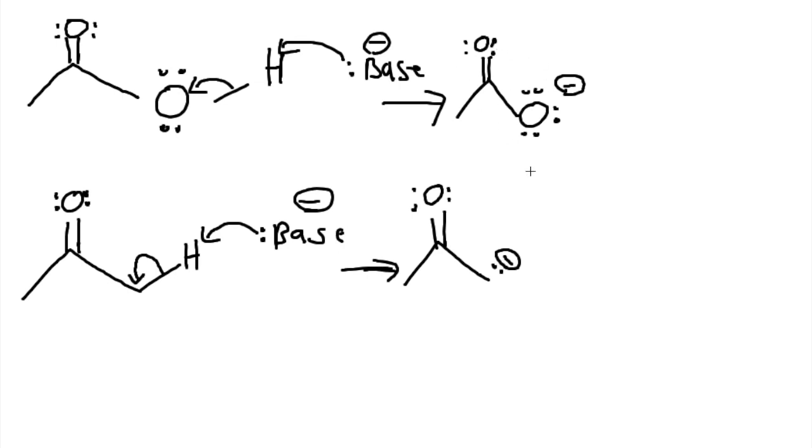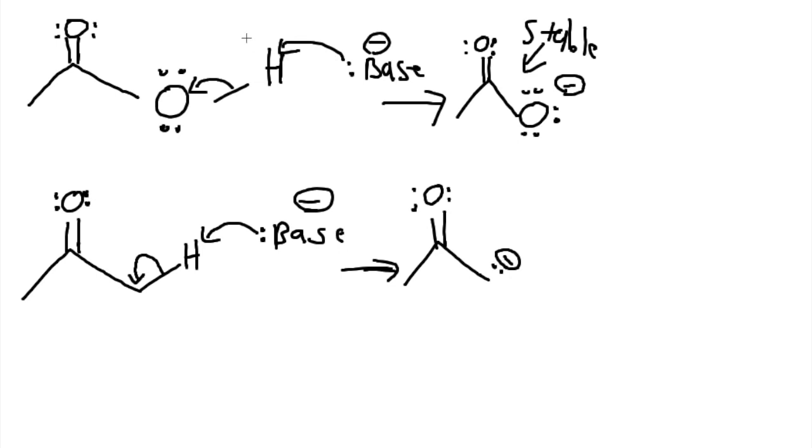So more electronegative elements make it more stable. So this is more stable than this one because of the two oxygens, which are more electronegative. Strong acids form a stable conjugate base.